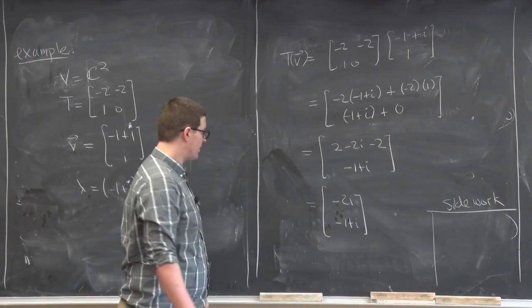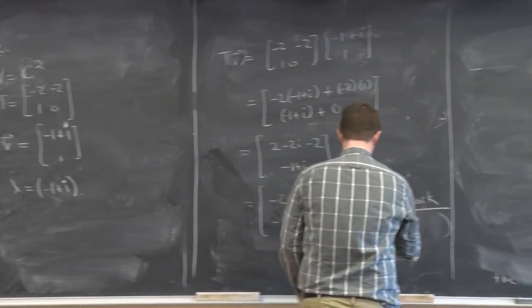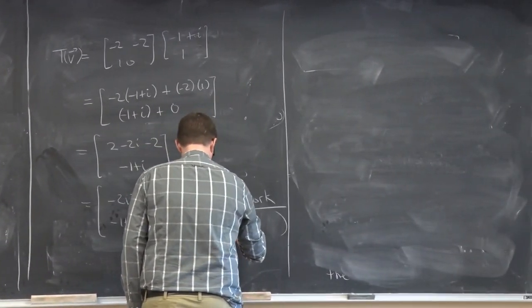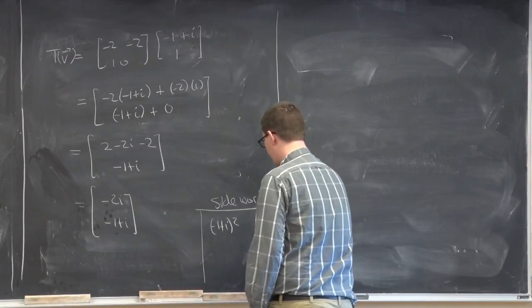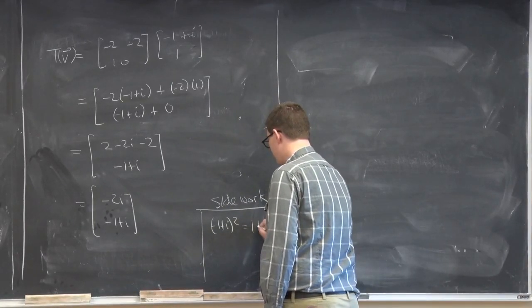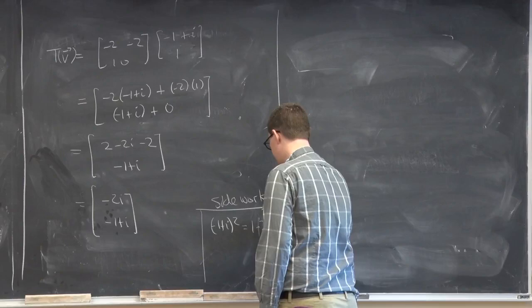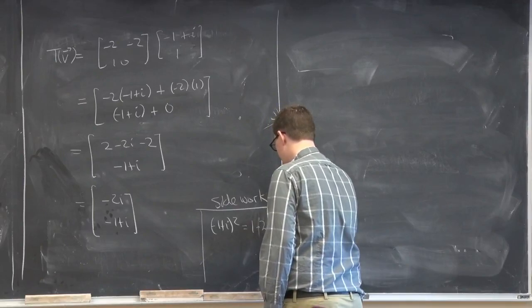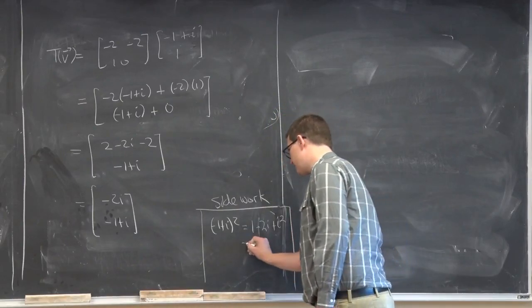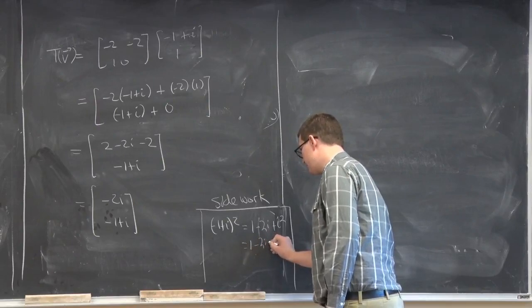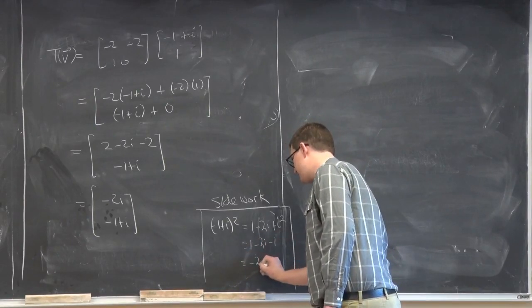Let's see what this thing squared is. This thing here is 1 minus 2i plus i squared, so this is 1 minus 2i minus 1. This is minus 2i.